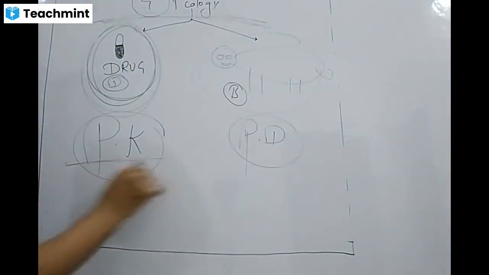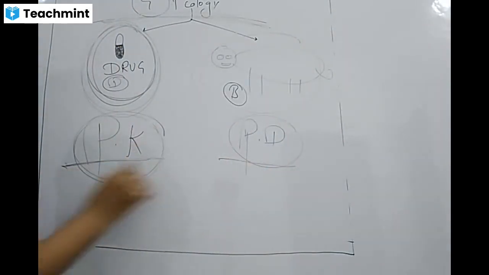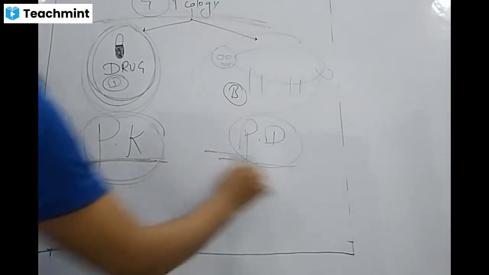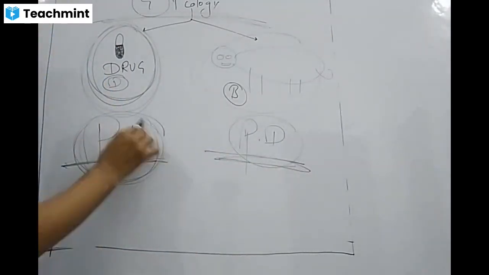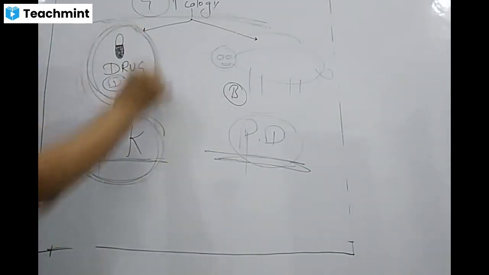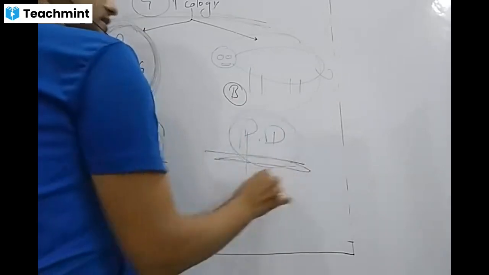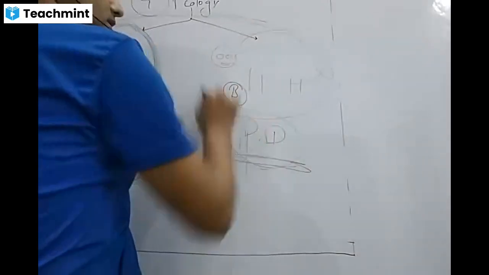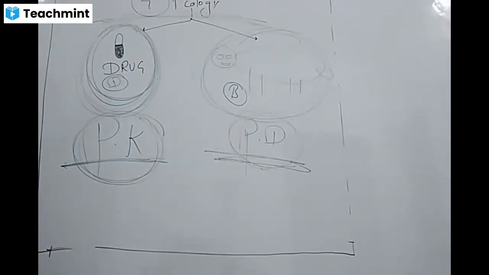So these are the two main branches where we study pharmacology, pharmacokinetic and pharmacodynamic. In case of kinetic, everything will be discussed around the drug, and in case of pharmacodynamic, we will do all the activities regarding the body.